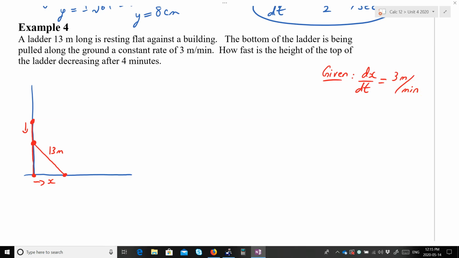And it wants to know how fast is the height of the top of the ladder decreasing after 4 minutes. Okay, so it wants us to find the change in y with respect to time.